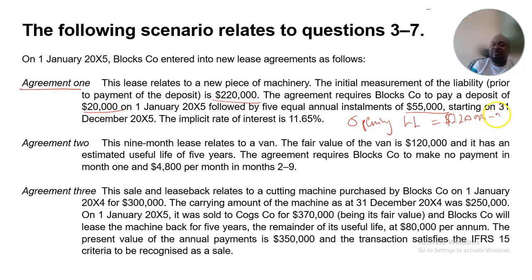When we pay the deposit, because we are required to pay it at the start of the year, the deposit is 20,000. So obviously the opening lease liability should be 200,000. That's something you should at least know. You mustn't lose a mark because of that.